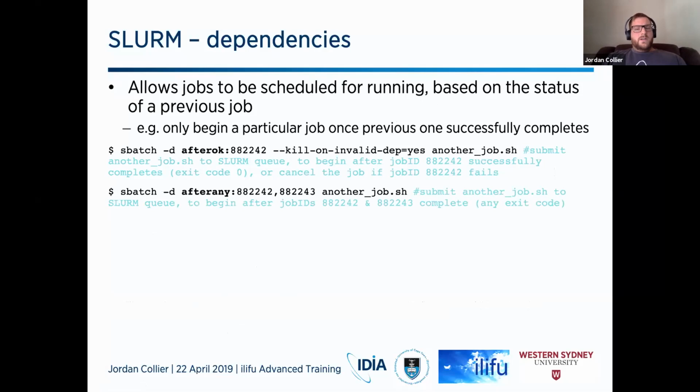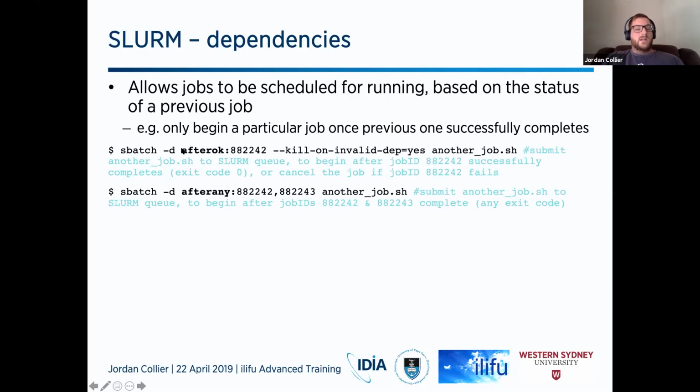And then lastly, for advanced SLURM commands, we can also use dependencies. This is where you allow a job to be scheduled for running based on the status of a previous job. So for instance, you may only want to begin this job once a previous one has completed successfully. The syntax for this, if we're running SBatch files, is option -d, and then you could, for instance, use afterok, colon, and then the job ID.